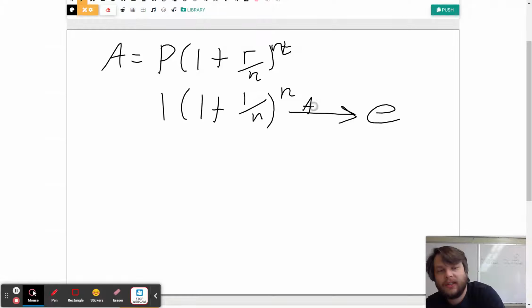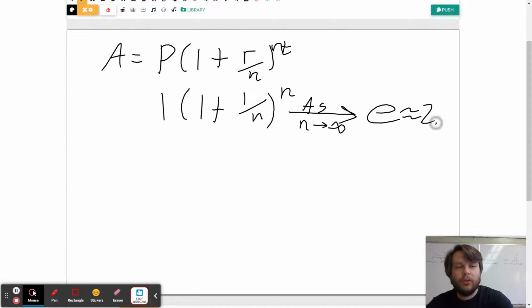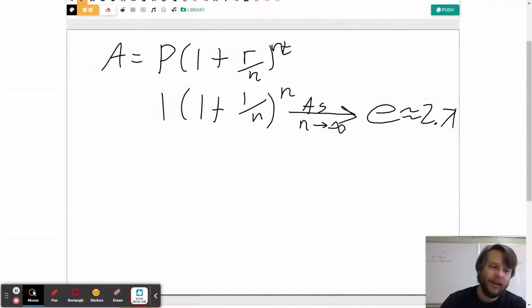So as the number n becomes infinite, meaning compounding it every second of every day, every split second of every day, an infinite number of times, it comes to e, and that is pretty close to 2.71. And so the number e is similar to the number pi.